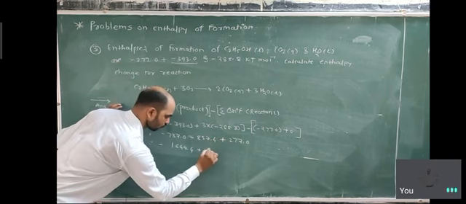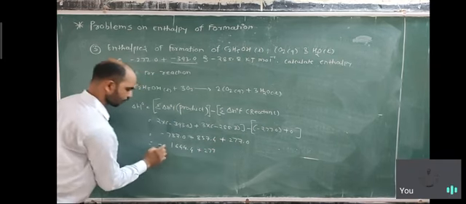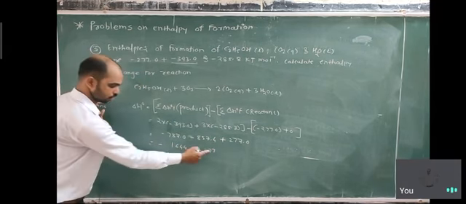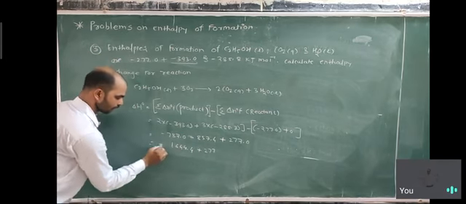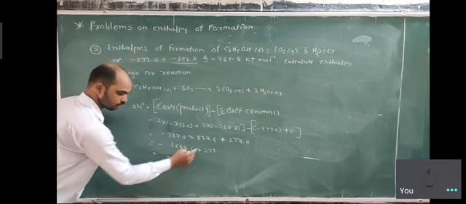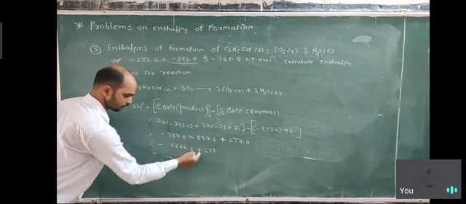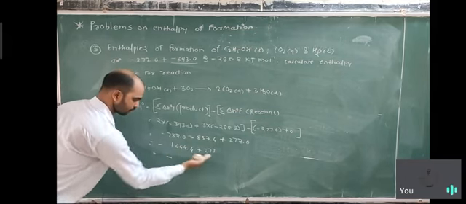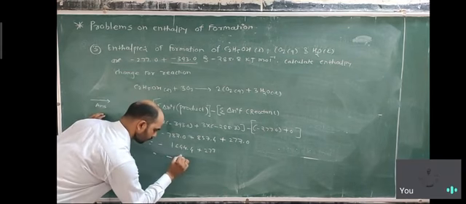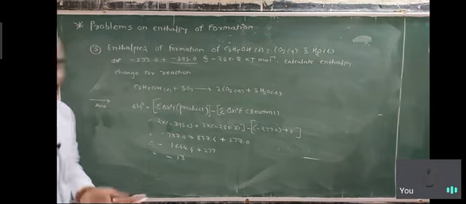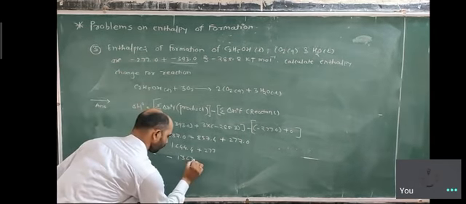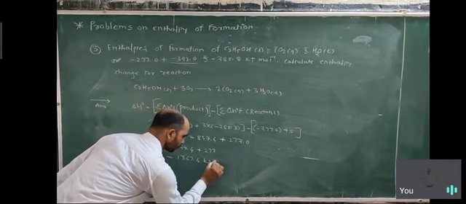Plus 270. So minus plus minus, so this is a subtraction, so the larger value has the minus sign. Okay, so this is minus plus minus, so this is a subtraction, so the answer is 1367.4 kilojoule per mole.